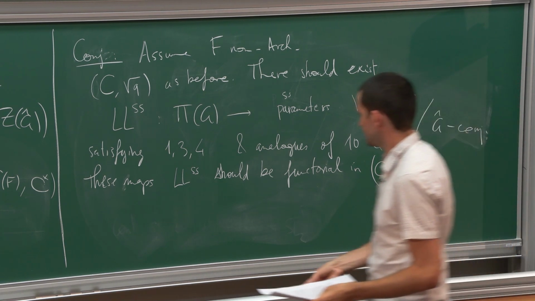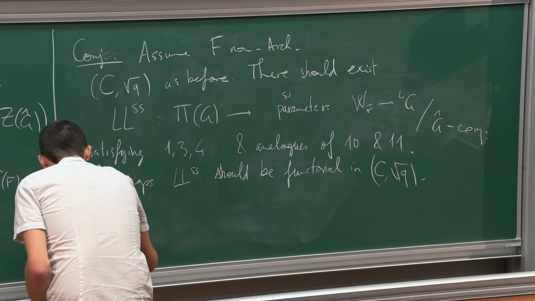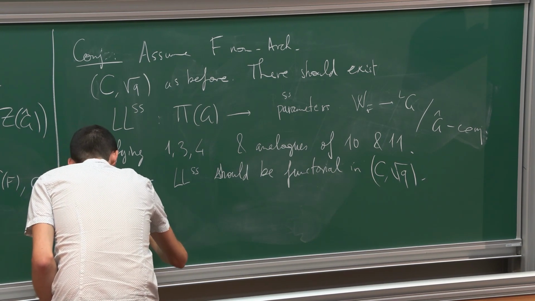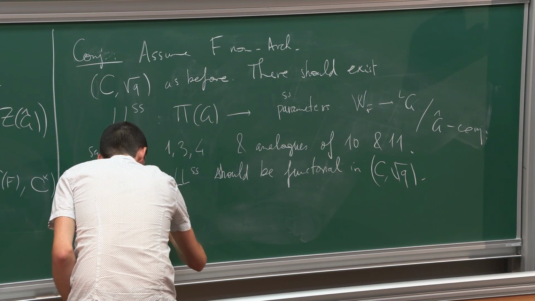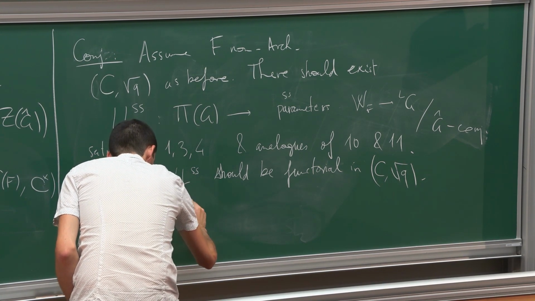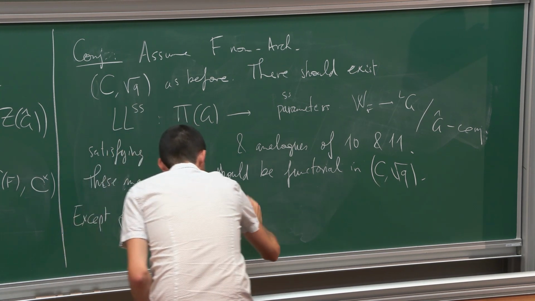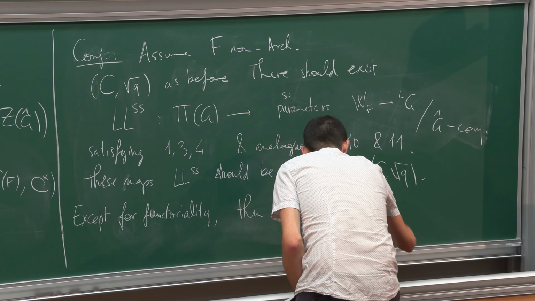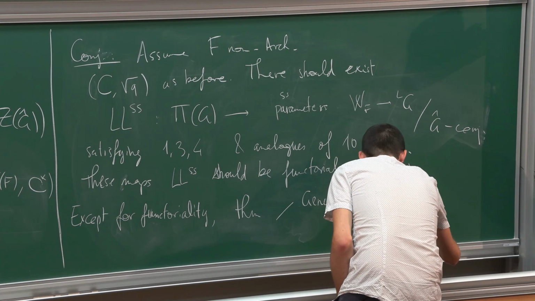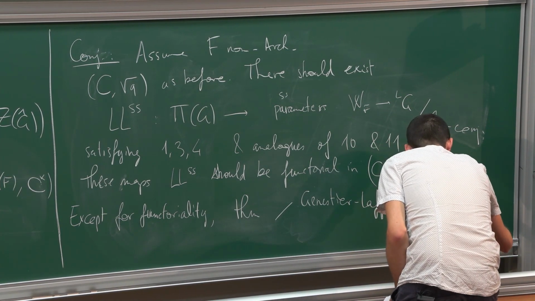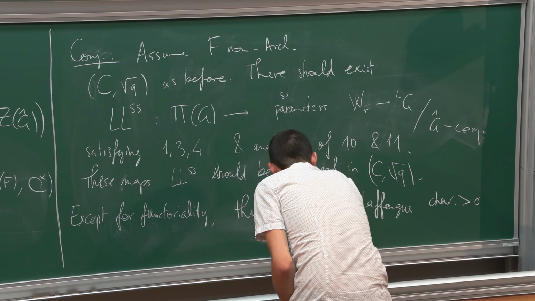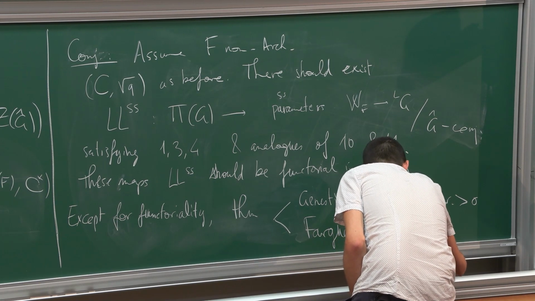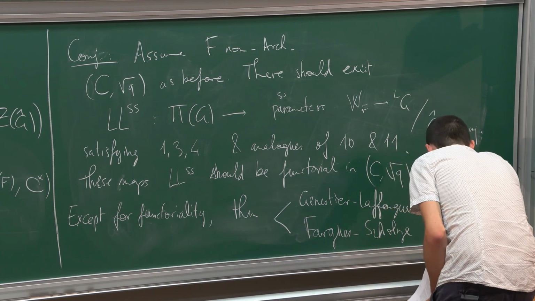So the point is that, except for functoriality, I stated this as a conjecture, but this is actually a theorem of Genestier-Lafforgue in the positive characteristic case, and Fargues-Scholze in general.